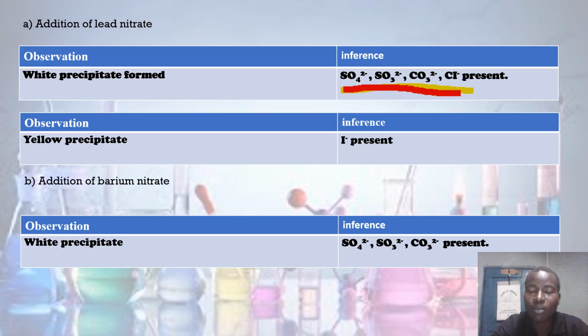Now, when I add barium nitrate, I just want to see, of these four, which one is likely to be present. And if I see a white precipitate, it will imply that we are having either a sulfite, a sulfate, or a carbonate ion.